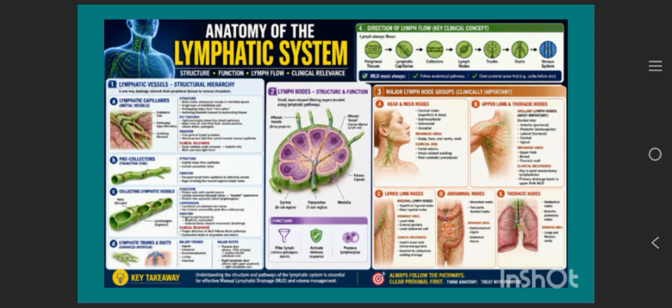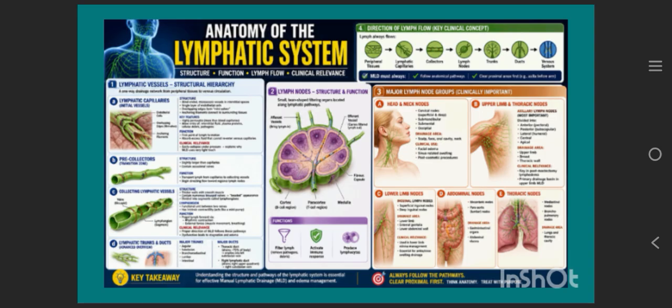Clinically, they are used in lower limb edema management and are essential for ankle or knee swelling drainage.